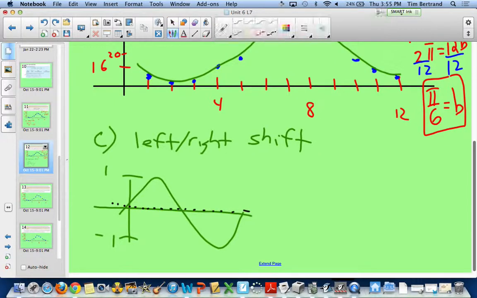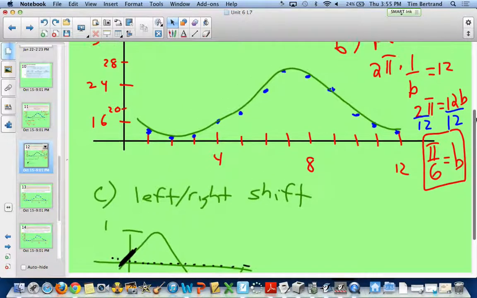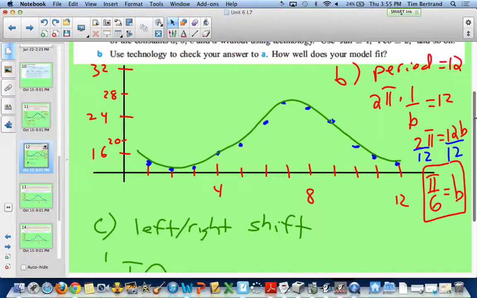So I really want to know, where is this part of the graph up above? Where do I cross my median line, but increasing? Let me sketch in that median line again, which we said, I think, was 20.5. There it is. And I'm looking for when I cross the curve and I'm increasing.